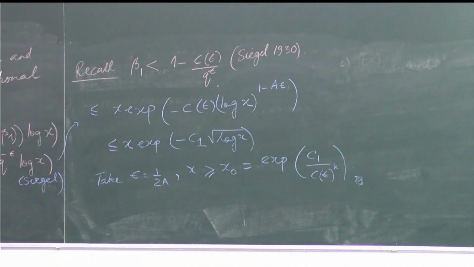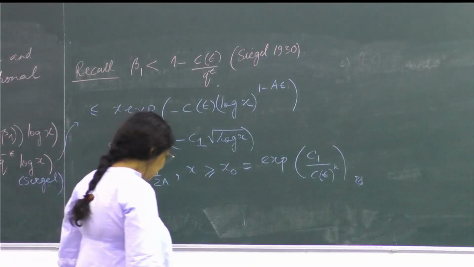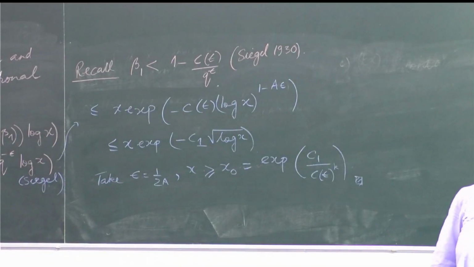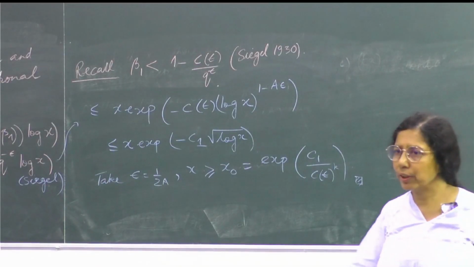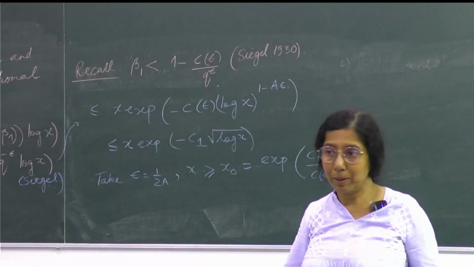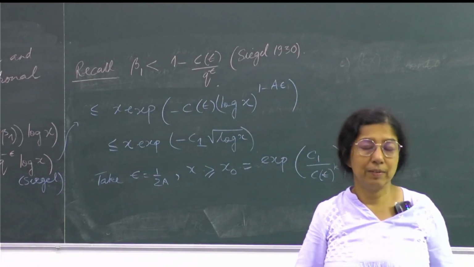So now I want to state a quantitative form of the prime number theorem. So you know that qualitatively we know that there are infinitely many, and quantitatively what can we say?